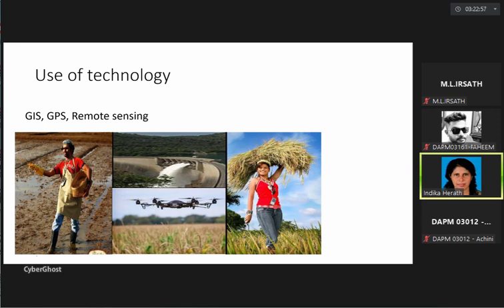In our university also we have a unit doing these things, and we prepare maps and identify areas which are suitable and not suitable, and what kind of activities we can do to improve the applications of these technologies for agriculture, right?